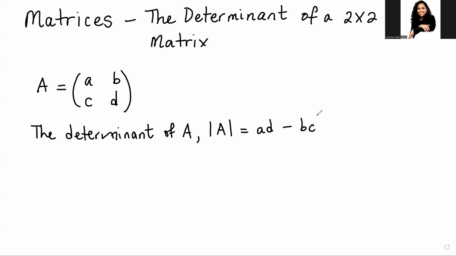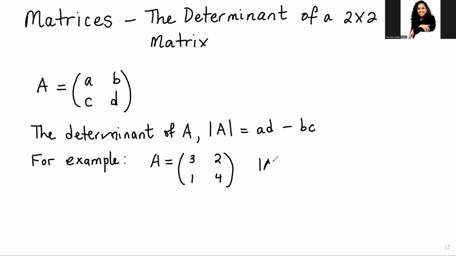So, for example, let's say we have a matrix A. A is equal to 3, 2, 1, 4. Then the determinant of A is equal to the difference of the products of the diagonals.